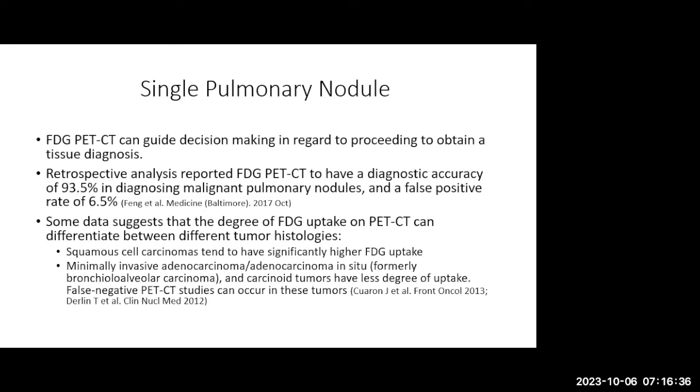For example, squamous cell carcinomas tend to have significantly higher FDG uptake as opposed to minimally invasive adenocarcinoma or adenocarcinoma in situ, which formerly were called bronchoalveolar carcinoma, as well as carcinoid tumors. Those tend to have less uptake, and therefore you may have a false negative result. So we always are very cognizant of that, and it's worth mentioning when talking about lung cancer.